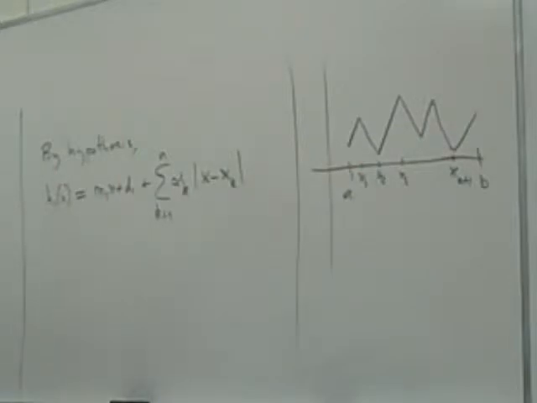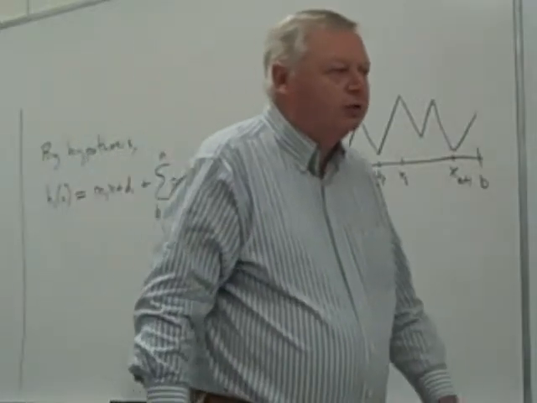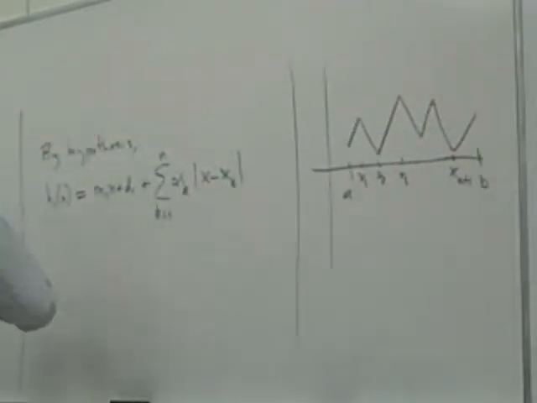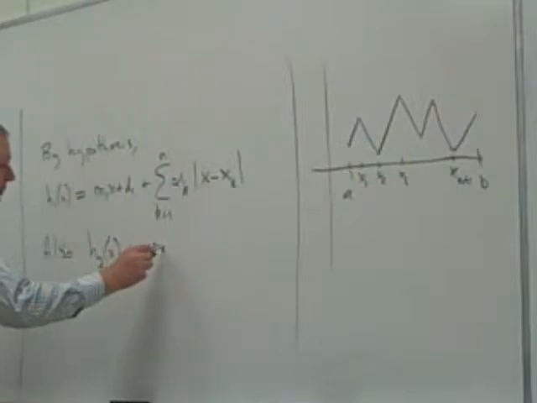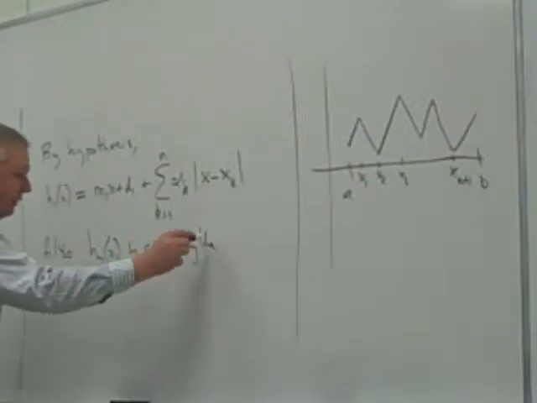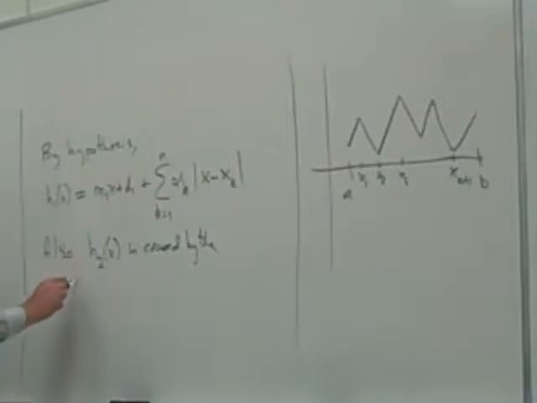But now we've already seen that if we have one change of sign, one change of slope, also h2 of x is covered by the case n equals 1, because it has one change of slope.